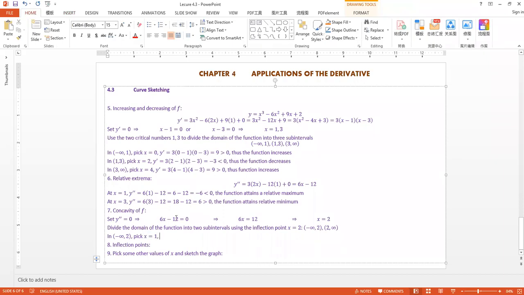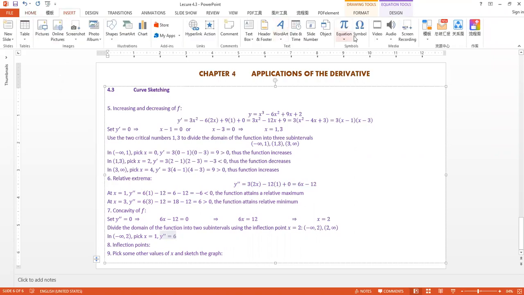Then y double prime will be 6 times x minus 12.